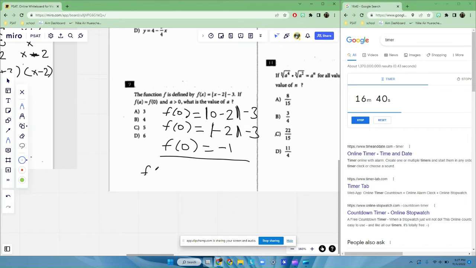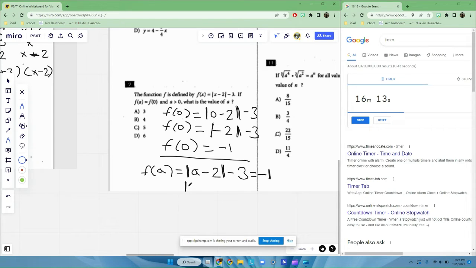We're not done yet. So if f of a is equal to f of 0, right? So we have the absolute value of a minus 2, because a comes under x, okay? And we have minus 3. We also have this equal to minus 1.